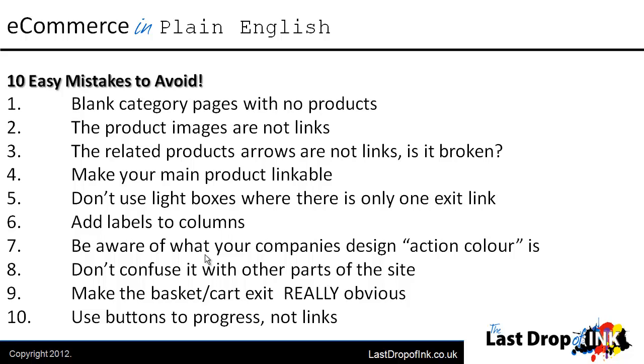The add to cart button should be red, the search button at the top of the website should be red, the basket button should be red. Because that is our action color, we need to be very careful in any additional uses of that color close to it. Thinking back to that website header with the fast order tab at the top, we couldn't use red there, because the whole fast order button was red and just confusing us.